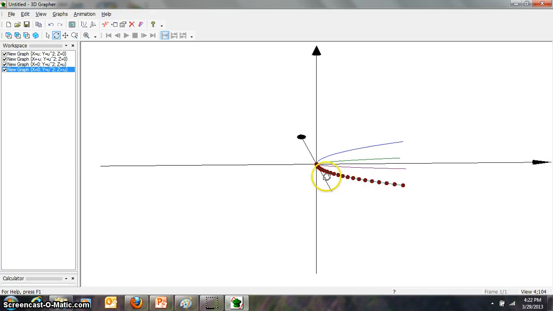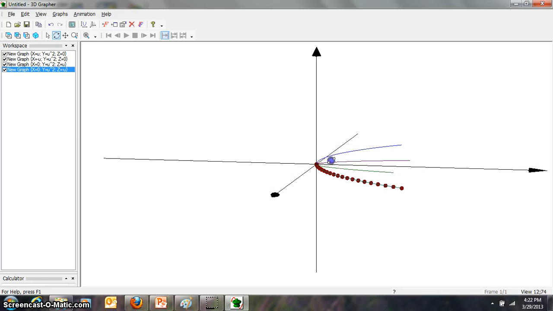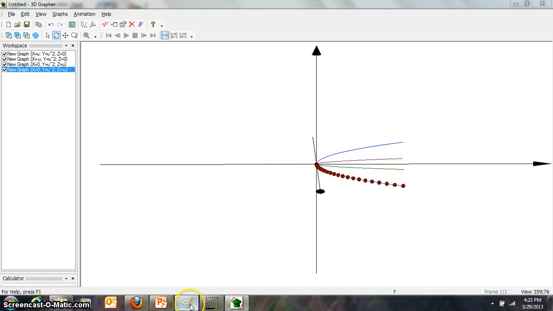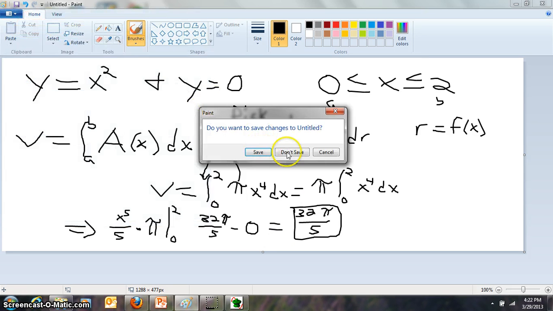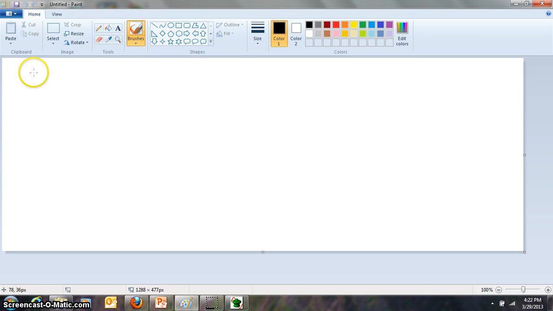Other than that, the other method would be to use a washer. Now the washer method, if we use y equals x squared, and we also have the equation y equals square root of x, first we'll solve where these two are equal.